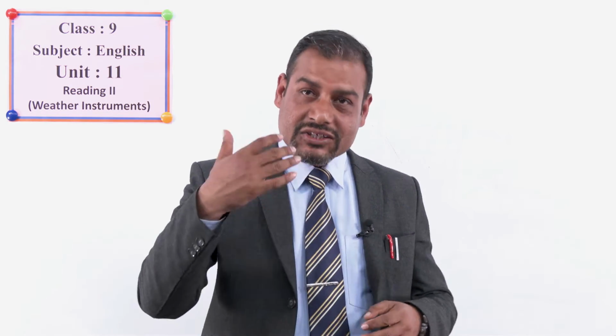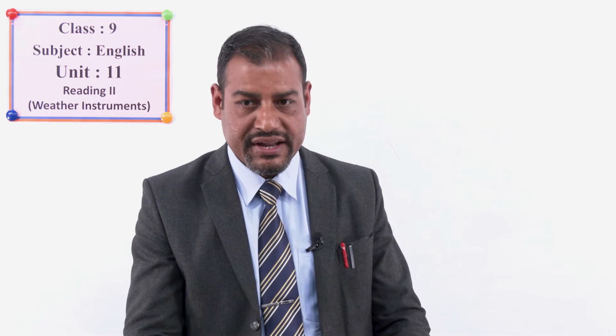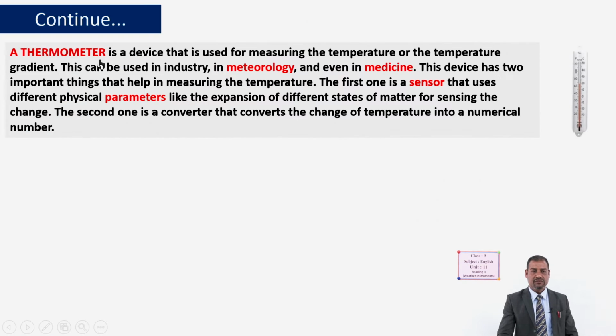Okay. So let's go to the next paragraph again. Now, a thermometer is a device that is used for measuring the temperature or the temperature gradient. This can be used in industry, in meteorology, and even in medicine. This device has two important things that help in measuring the temperature.